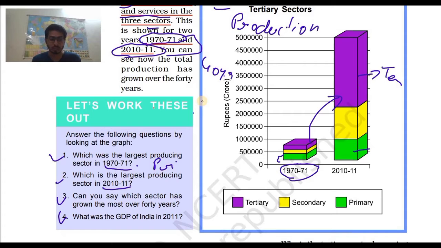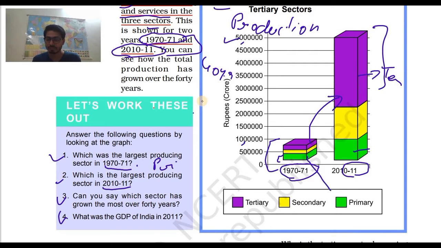Then the fourth question is, what was the GDP of India in 2011? If you see here, 2011, it is near 50 lakh crore rupees. In 1970-71, this was the scenario: till 10 lakh crore we were reaching, but now we are able to reach 50 lakh crores. But even then, in 1970, who was contributing more?